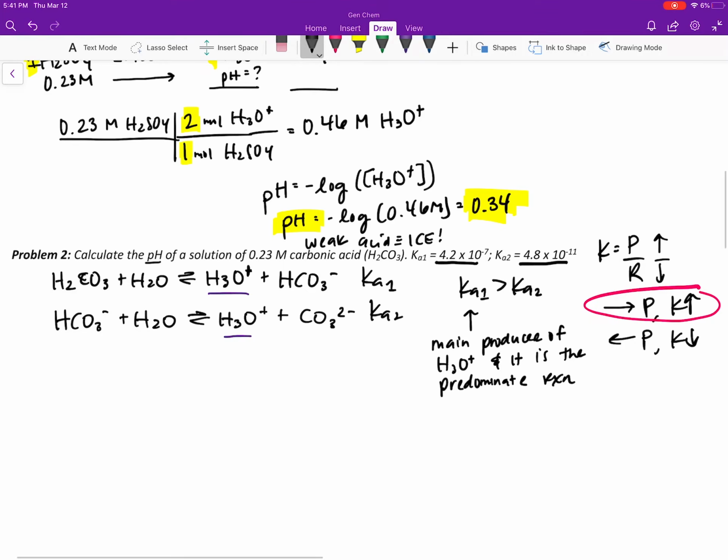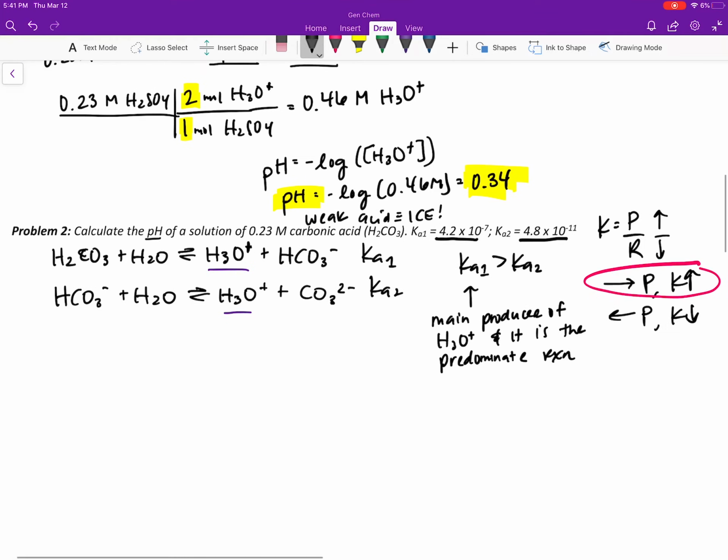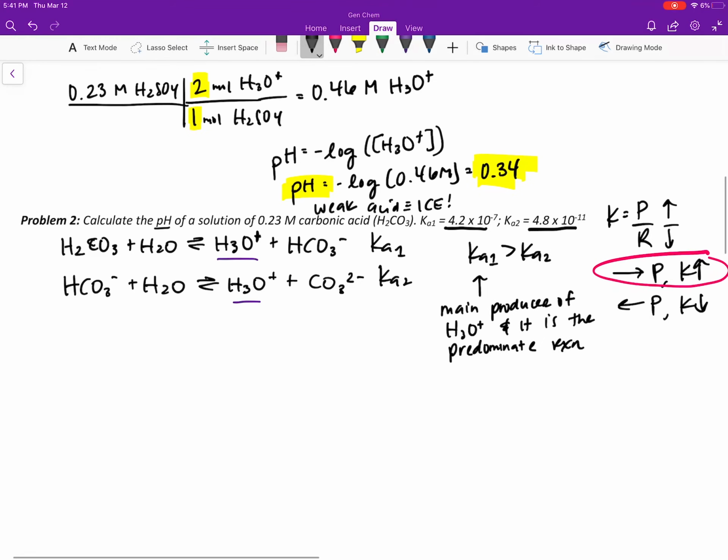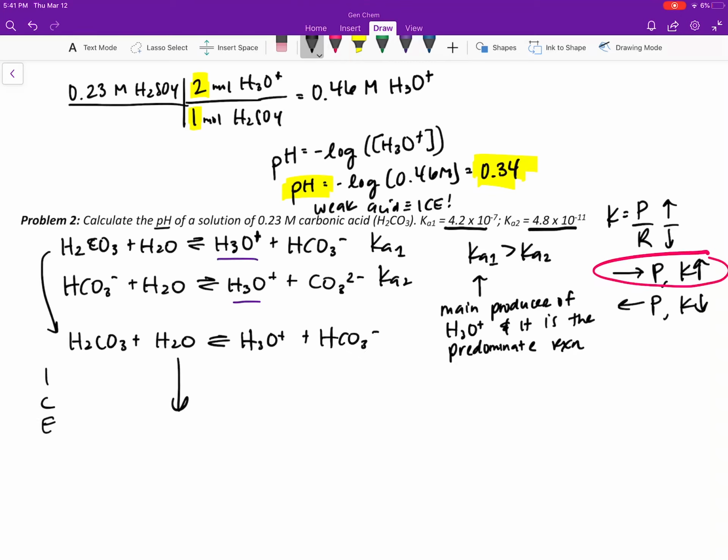Therefore, I only have to worry about that expression, okay? So with that information, I'm going to set up my ICE table yet again with my now predominant reaction. Now say that Ka2 was larger than Ka1.